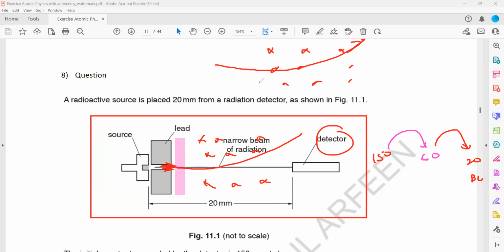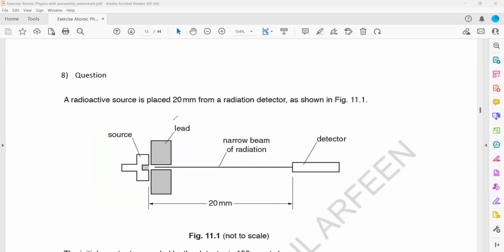So the particle will move either up or down depending on the nature of the particle. When we place a paper, we can say there was alpha. But when we apply the magnetic field and the count further decreases, it shows that there is also beta, because alpha and beta can be deflected by the magnetic field.